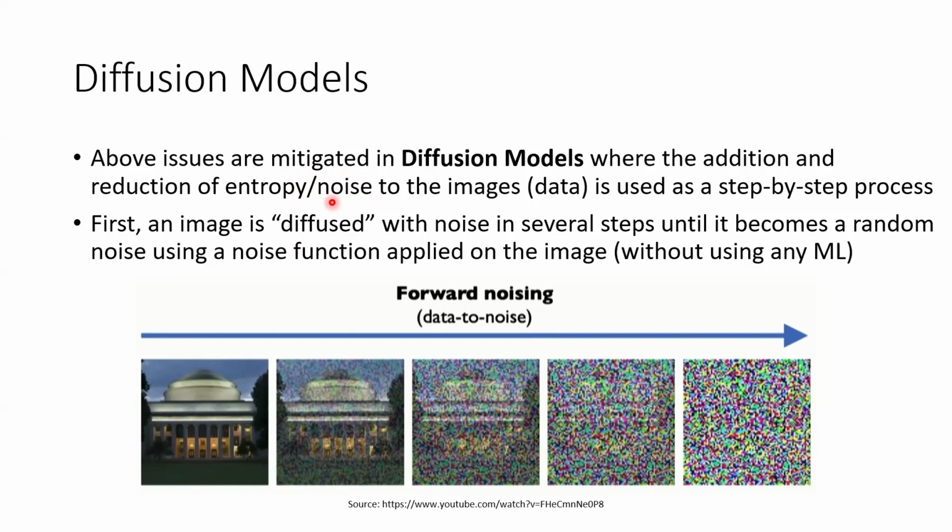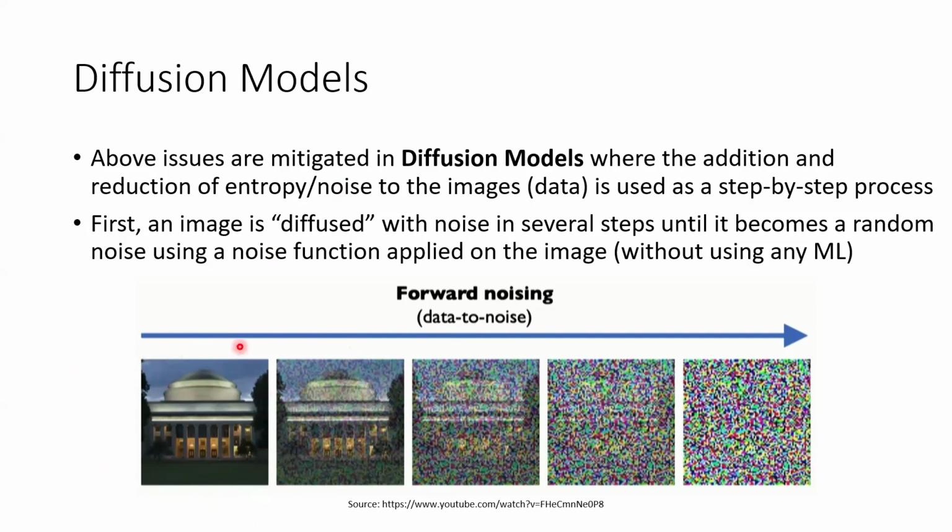So the information is getting lost and noise is added into images, which is known as noising, right? So here we would have a noise function where you can add some noise into a given image, right?